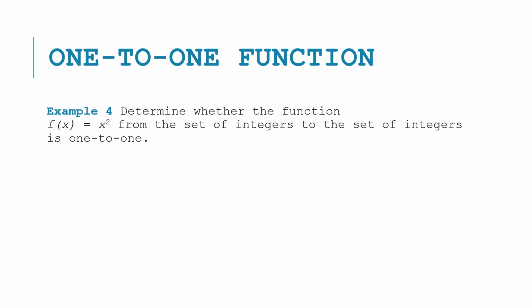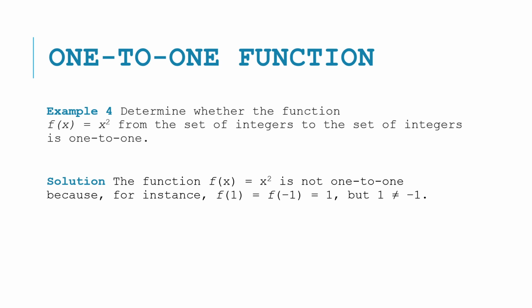Here we also have to determine whether the function f of x equal to x squared from the set of integers to the set of integers is one-to-one. The solution for this is that there is an element in the domain that is mapped to the same image of 1, because the elements negative 1 and 1 in our domain would both be mapped to 1 in our codomain.